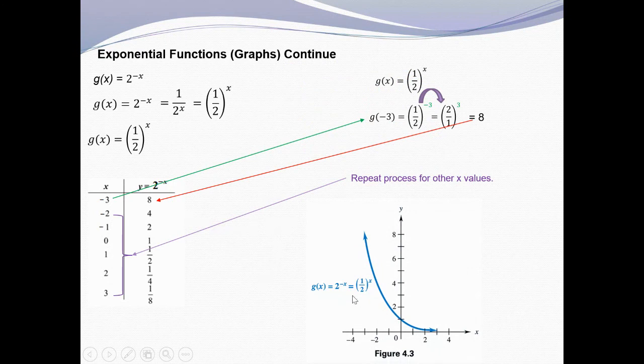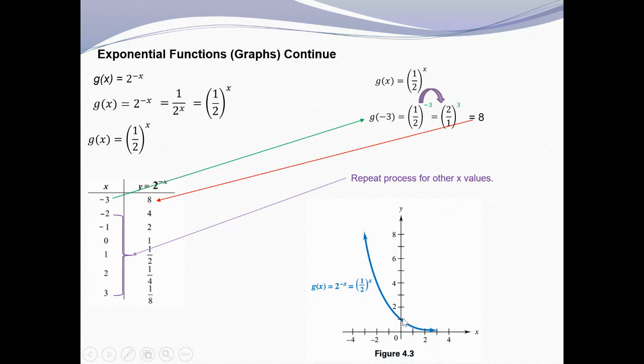Now, here's how you graph this one. At -3, the answer is 8. At -2 for x, the y is 4. At -1, the y value is 2.